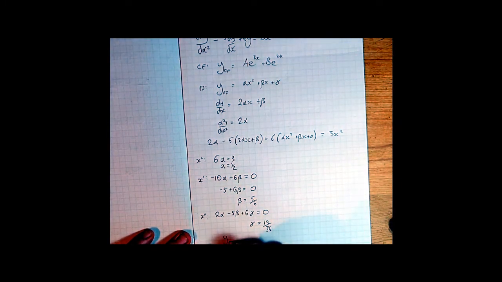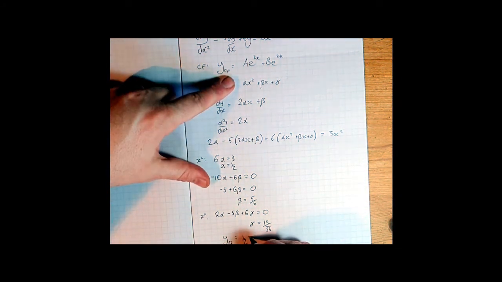So my particular integral then is half x squared plus 5/6 of x plus 19/36. So the general solution is complementary function plus particular integral.